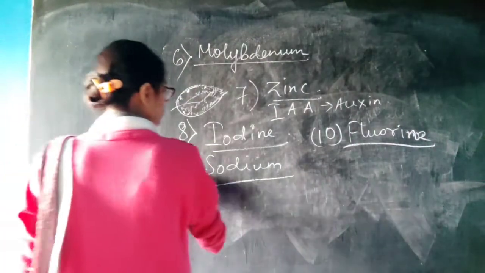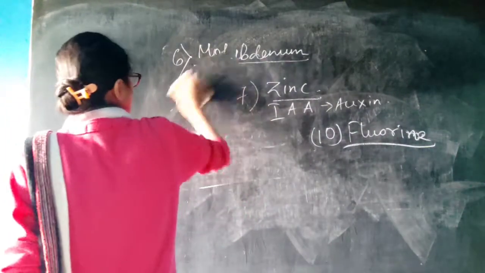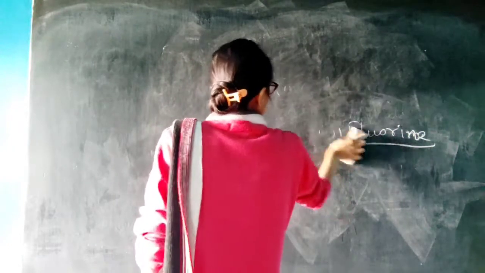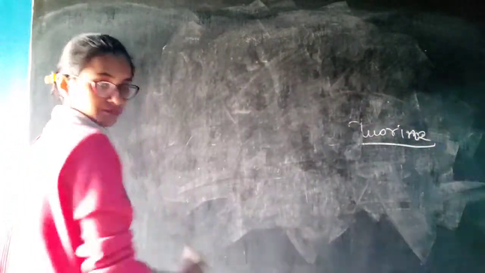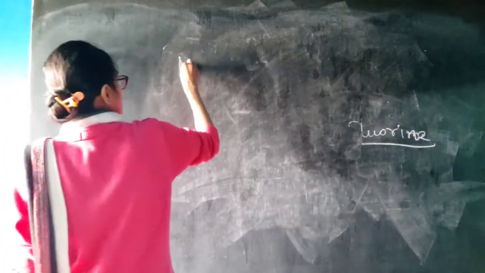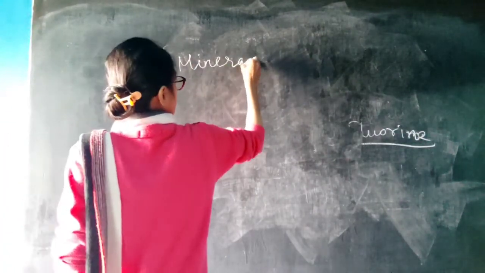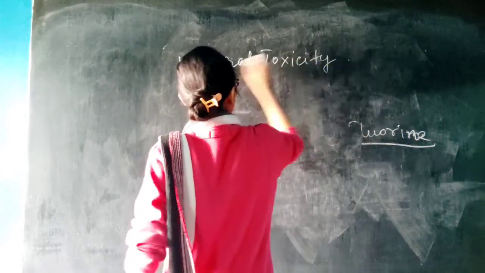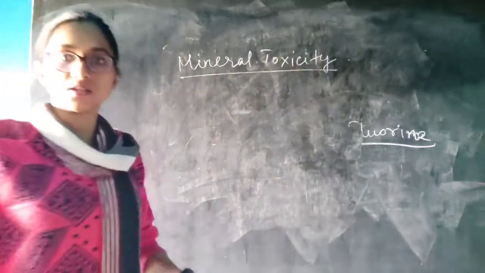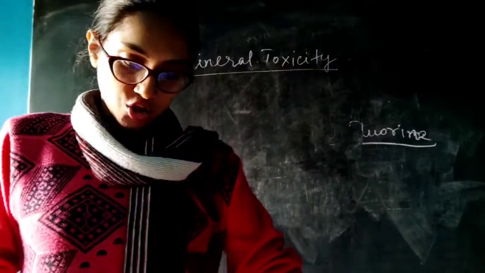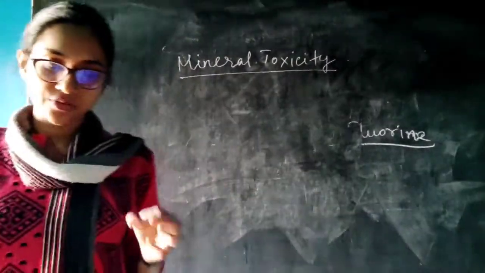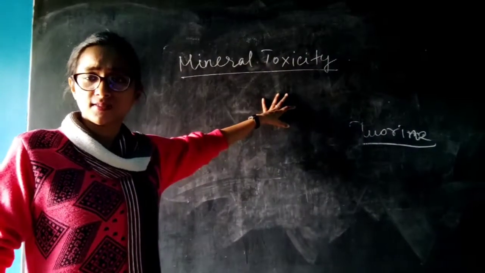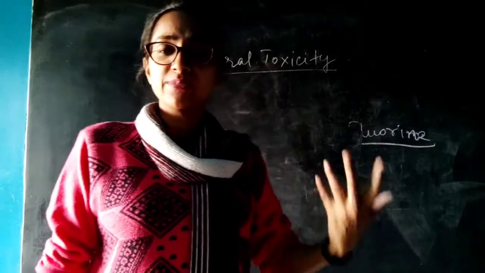Next I am going to discuss the next topic, mineral toxicity. What is mineral toxicity? It is the toxicity caused by the minerals. Toxicity means very poisonous, not good for health, becoming toxic.